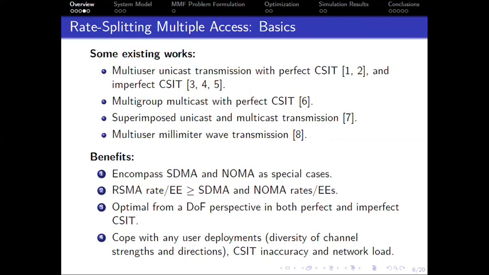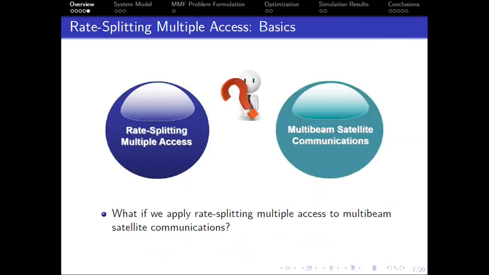Moreover, RSMA is robust to the diversity of channel strengths and directions, CSIT inaccuracy, and network load. Motivated by these benefits, what if we apply rate-splitting multiple access to multibeam multicast beamforming?